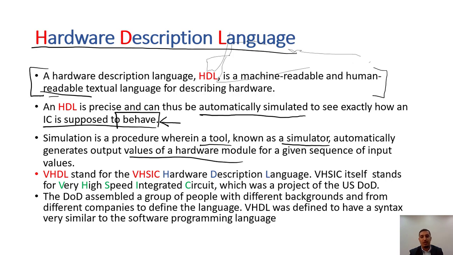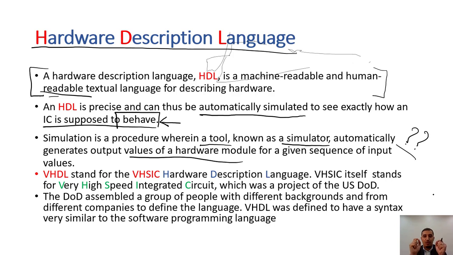Why do we need to simulate? Why is simulation very important when it comes to hardware design? Before we start working on our system, we need to make sure that our system is simulated.